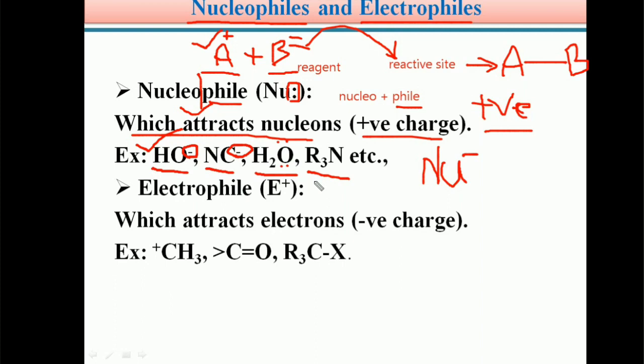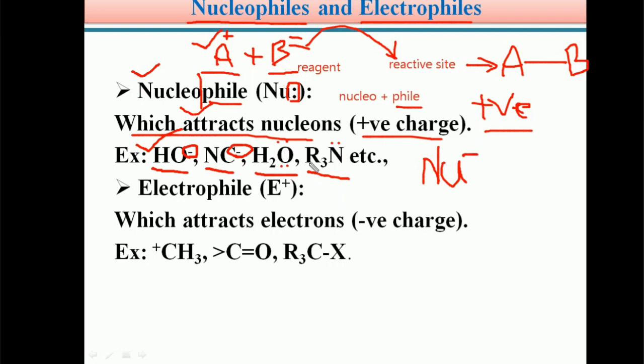In the case of trialkyl amine, nitrogen has a lone pair of electrons. Because of this lone pair of electrons, trialkyl amine can act as a nucleophile, because it can readily donate its lone pair of electrons to the electron deficient portion of the substrate molecule. Therefore, these are examples of nucleophiles.